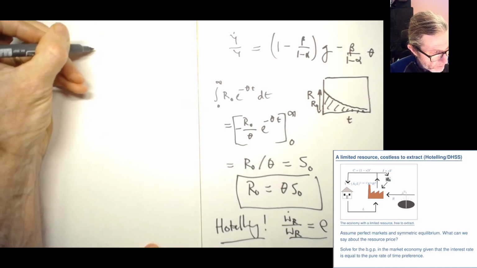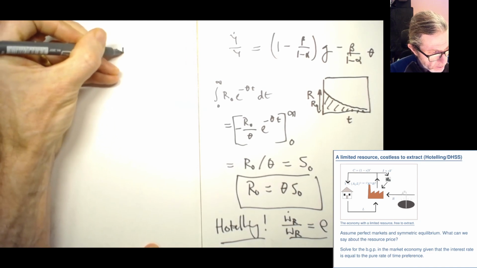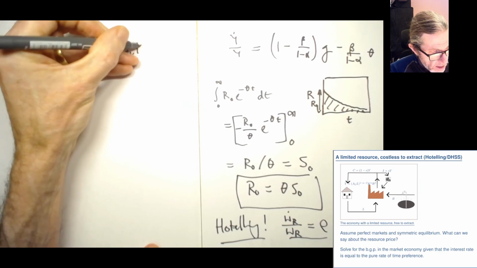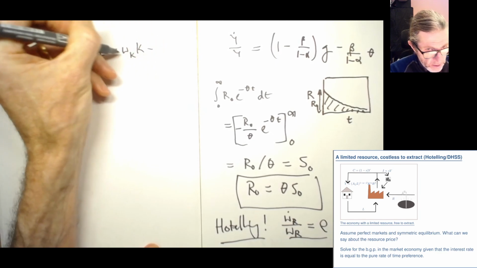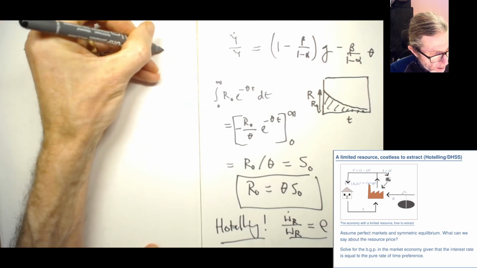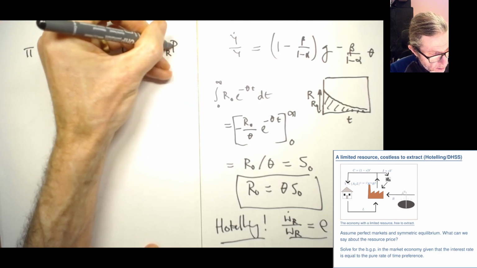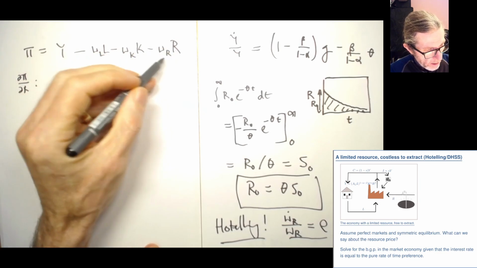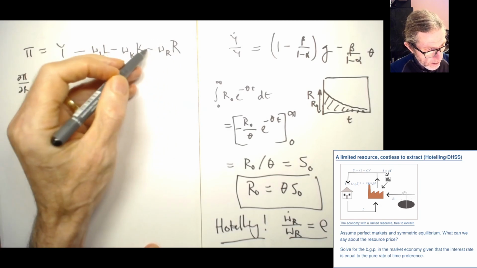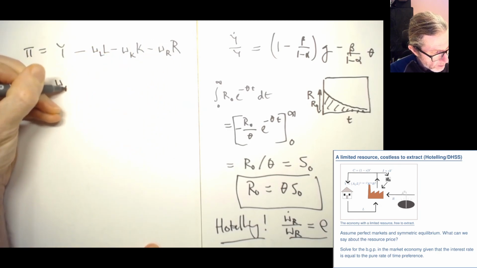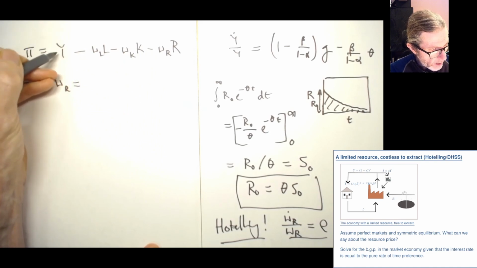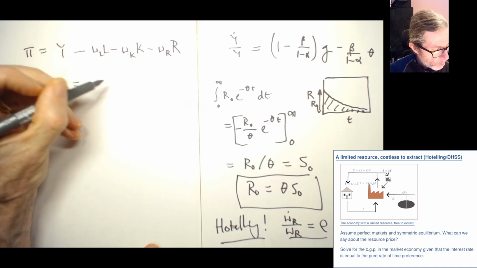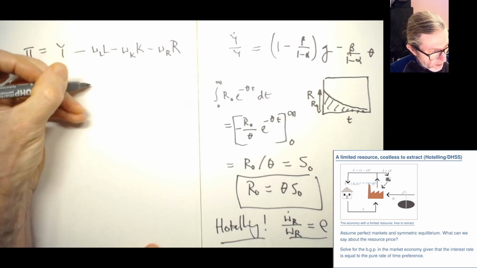Minus the input costs, which is WL times L, minus WK times K, where WK is the price of hiring capital, minus WR times R. So if we take the first order condition with respect to R, we get WR, and we shift sides so the minus sign disappears. We'll get WR equals dY/dR, which is beta times Y over R.